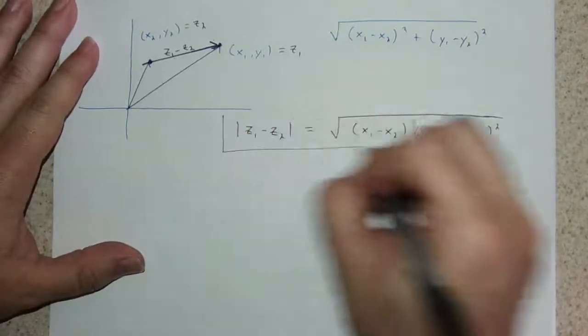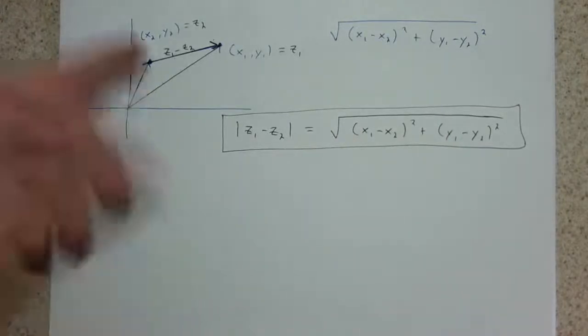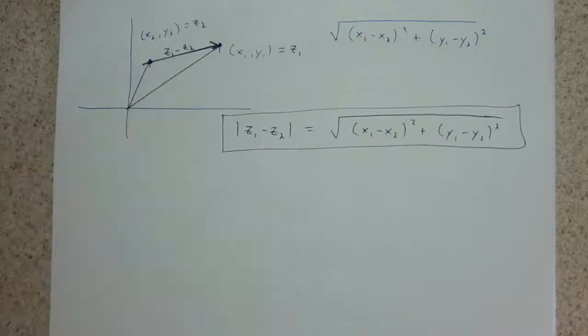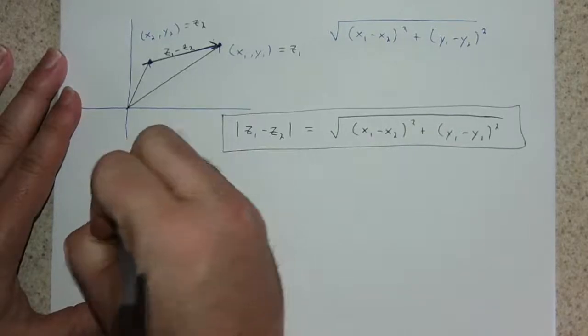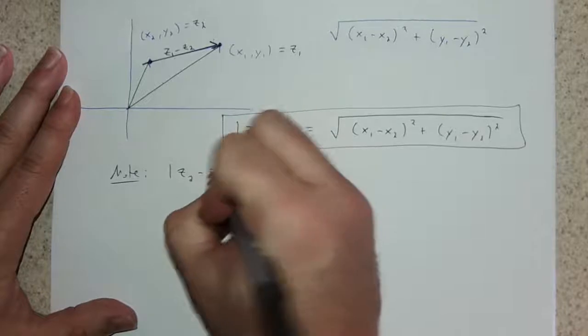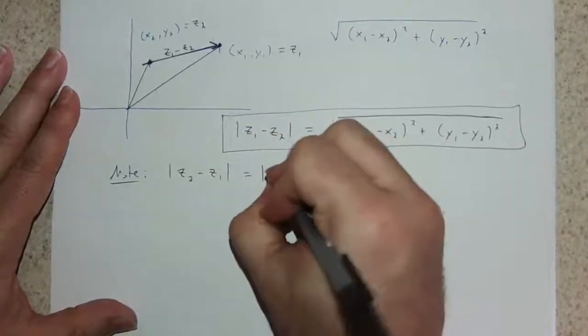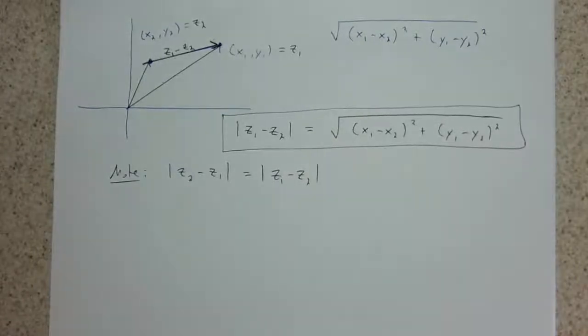And so the modulus of the difference of these complex numbers can be interpreted as the length of that vector drawn in this picture. Okay, so note the modulus of z sub 2 minus z sub 1 is the same as the modulus of z sub 1 minus z sub 2. Okay, so no question there.